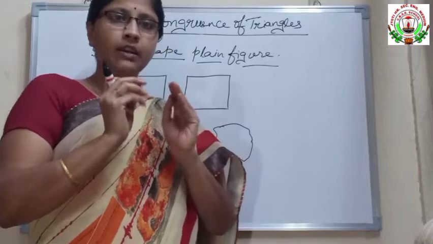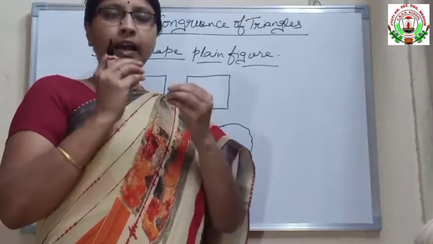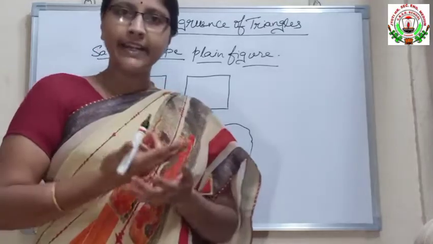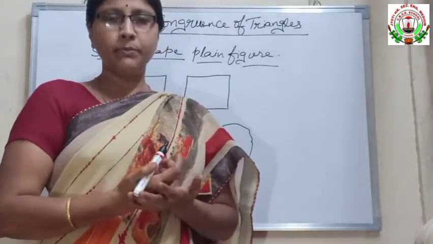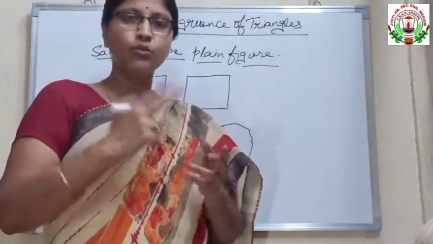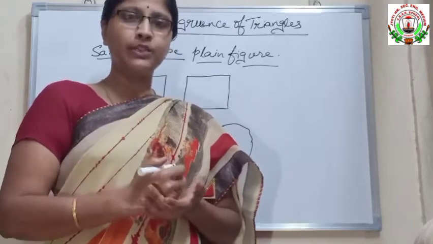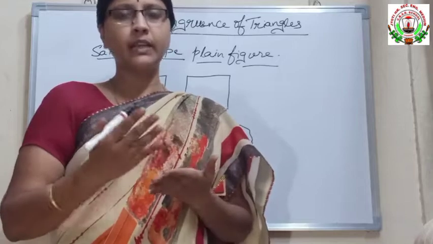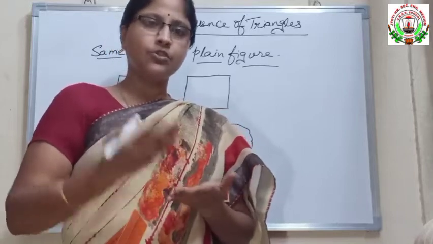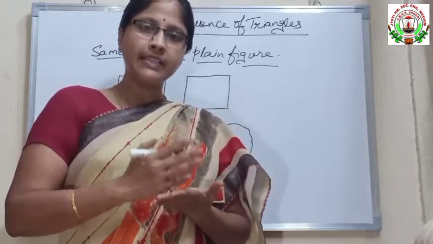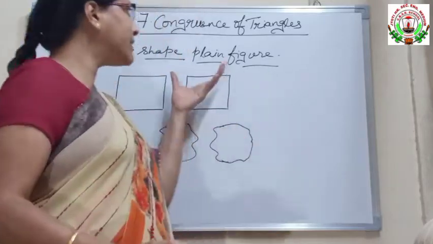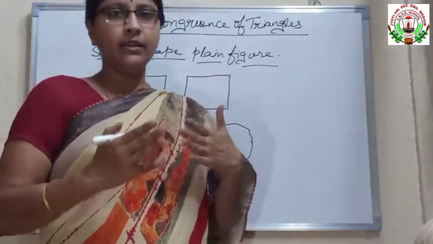So a coin with two sides are congruent to each other. You can take two identical twins, human beings. Both of them are congruent to each other. Means all the things, all the features, all the shapes, everything is identical to each other. So we can say that both the things are congruent to each other. Congruence means identically same.